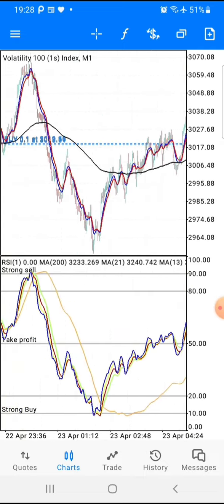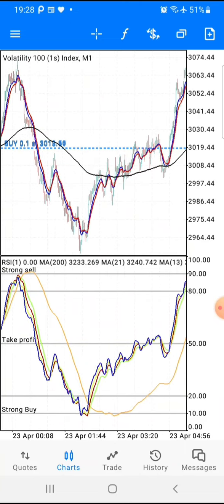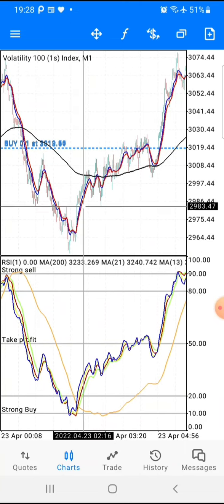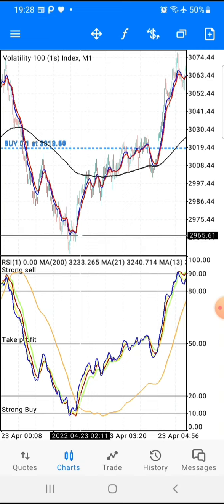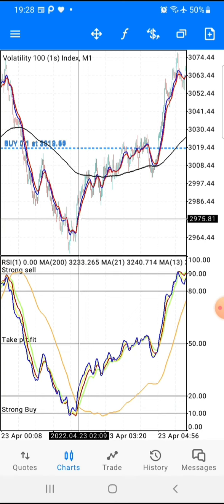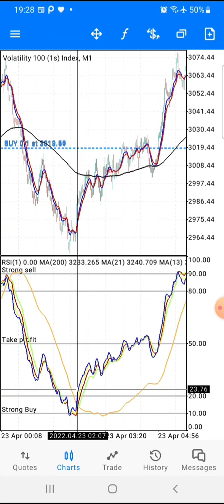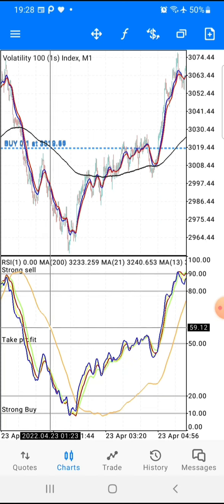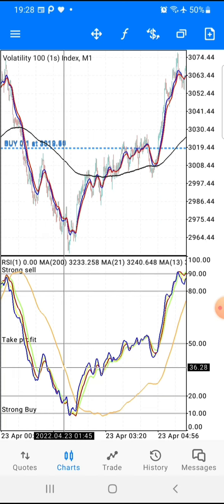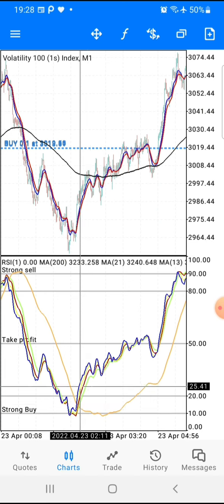Check, guys. Let's go back. Now here's where I entered, but I entered late on the 1 minute time frame. I was supposed to enter right here, maybe here or something, because you wait until the 200 moving average crosses these lines, and that's when you enter.